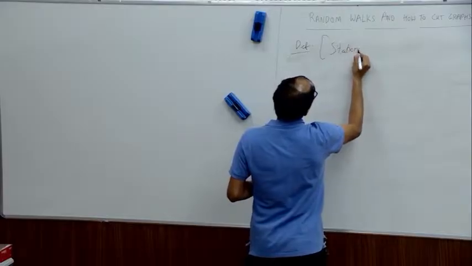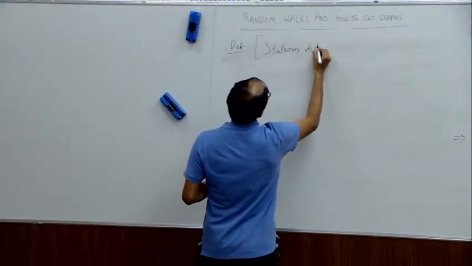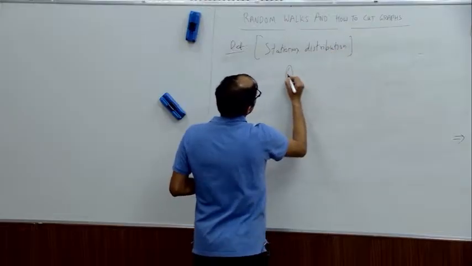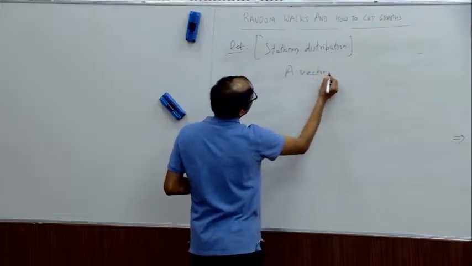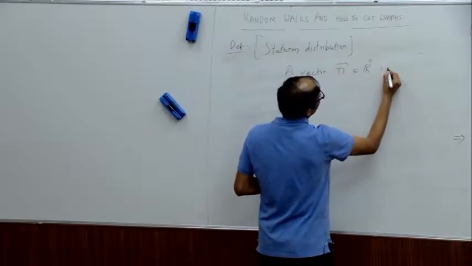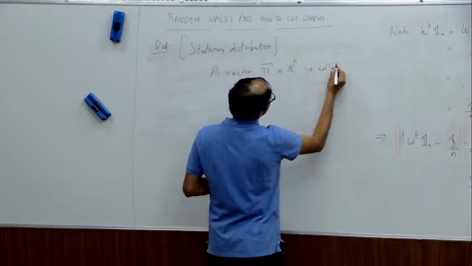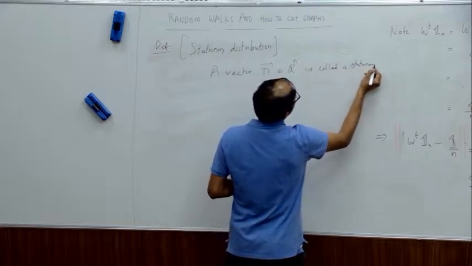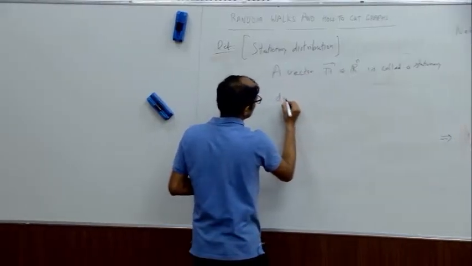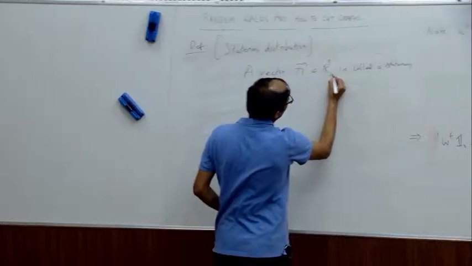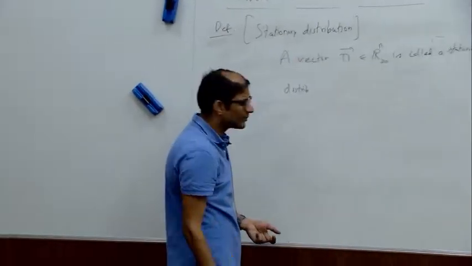Stationary distributions. It's typically denoted pi. A vector pi in R^n is called a stationary distribution. So in fact I should write more. It's a non-negative vector with L1 norm 1, all the entries adding up to 1.